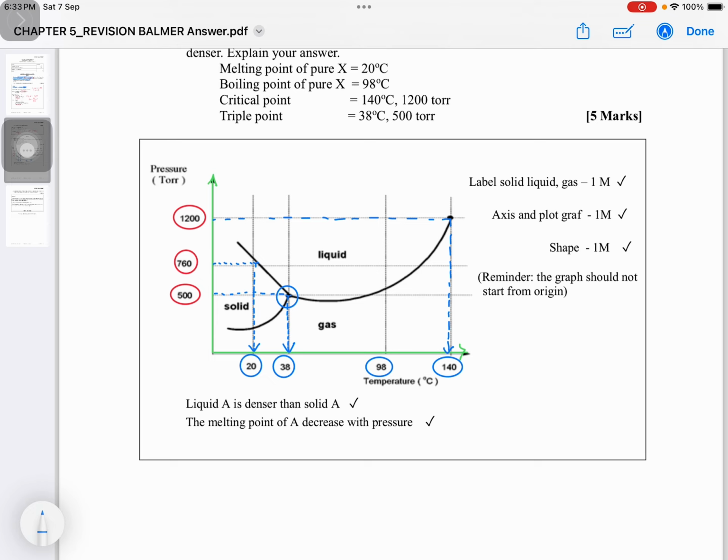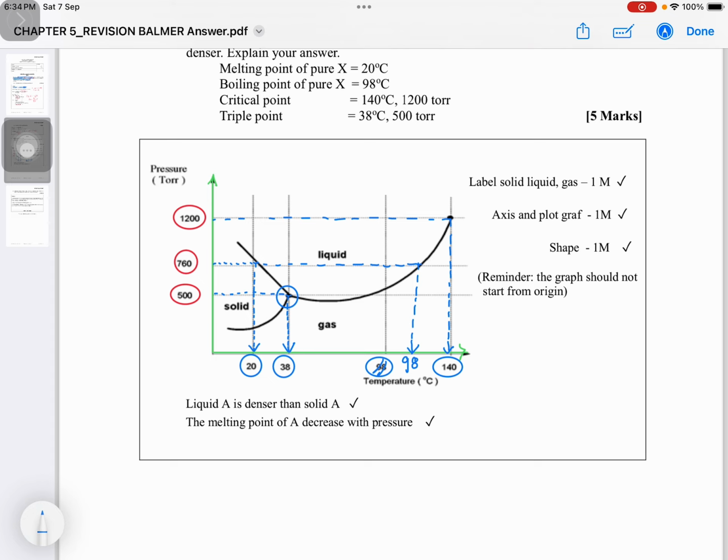And the temperature for the boiling point is 98 degrees Celsius, so it should be here. The graph should not start from the origin. Your graph should not start from origin.